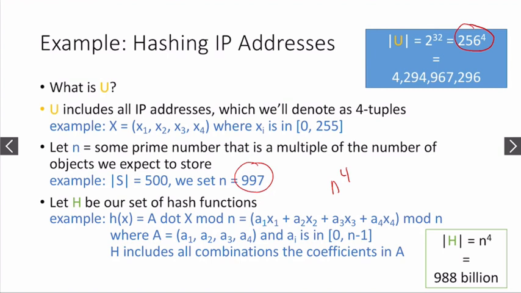And if we exhibit this trait of the family being universal, that means that our hacker would have to come up with 988 billion different pathological data sets and then get lucky and figure out which one of those mapped to the current hash function.